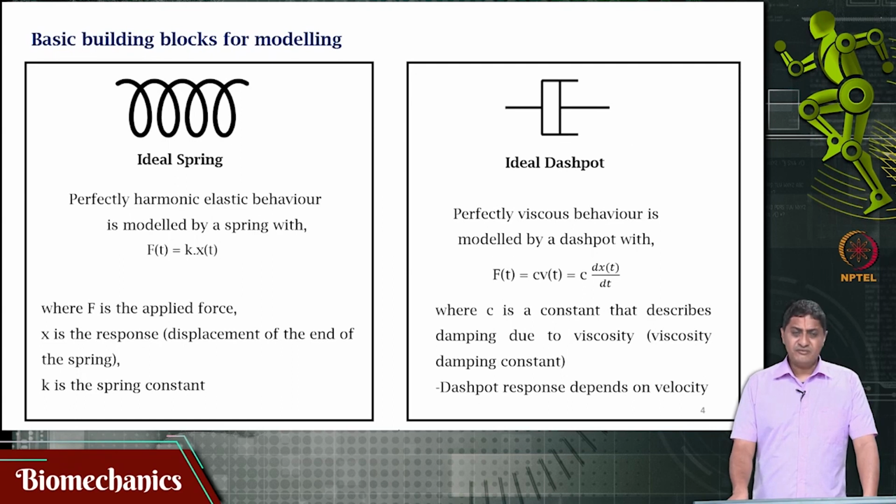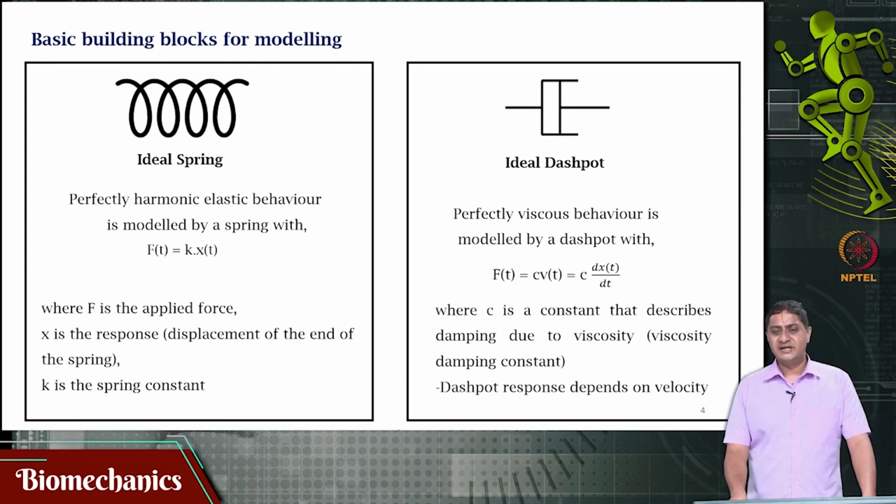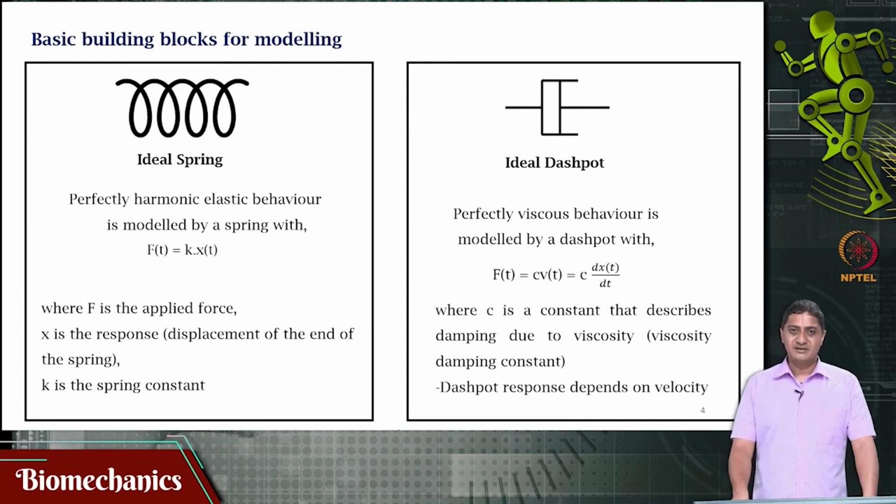So, for our models, we use an ideal spring and an ideal dashpot. Of course, when you say ideal, that means that most practical materials, including engineering materials, are not ideal. We understand that, but you will have to start your modeling somewhere.